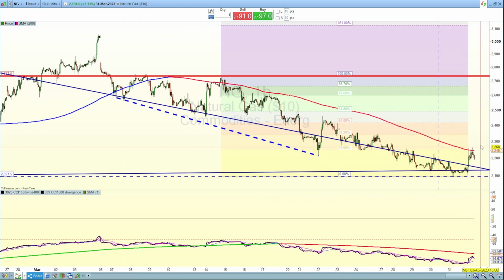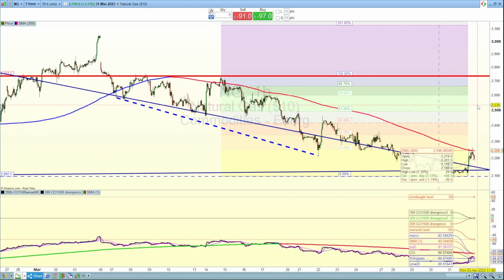However, if it keeps breaking up, and if that reverses and breaks up again, we need to see a break confidently above the 61% on the hourly chart, and then ultimately break higher than that 100% retracement level on the daily. But in the short term, our first level of resistance will be this 23%, and then the 38%, and we want to obviously see it break above the 61% in this area to be more confident about going bullish.